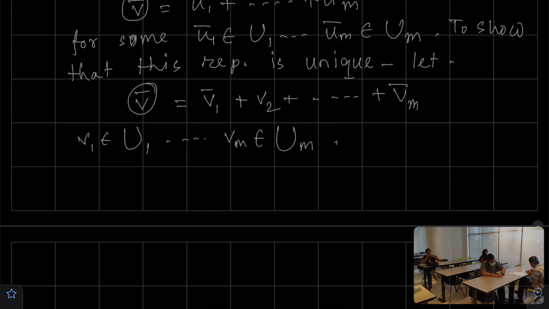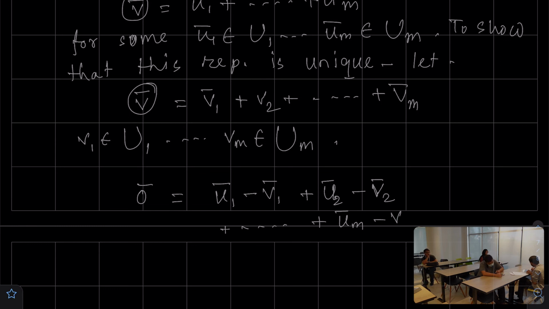Then 0 vector equals u1 vector minus v1 vector plus u2 vector minus v2 vector plus um vector minus vm vector, right?